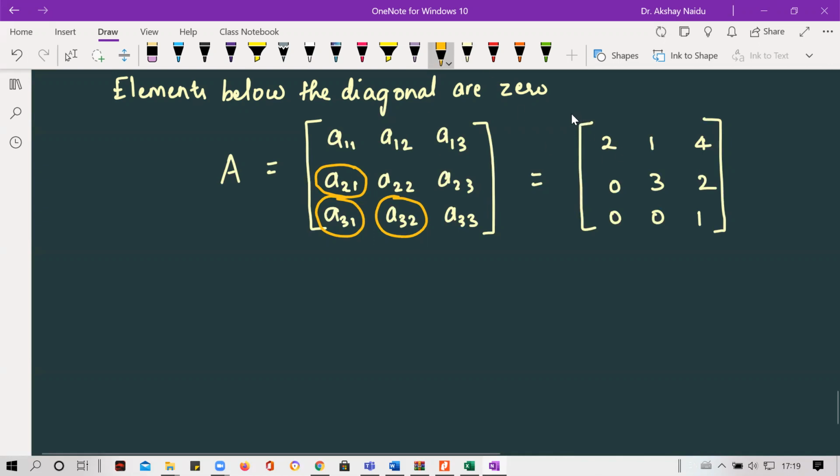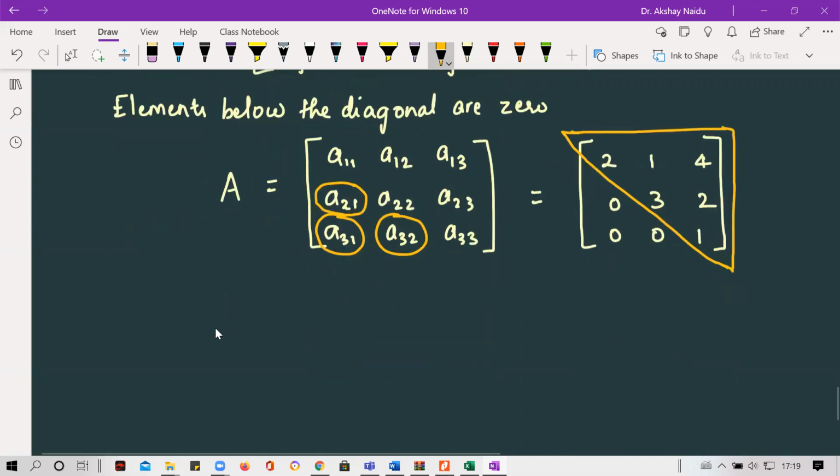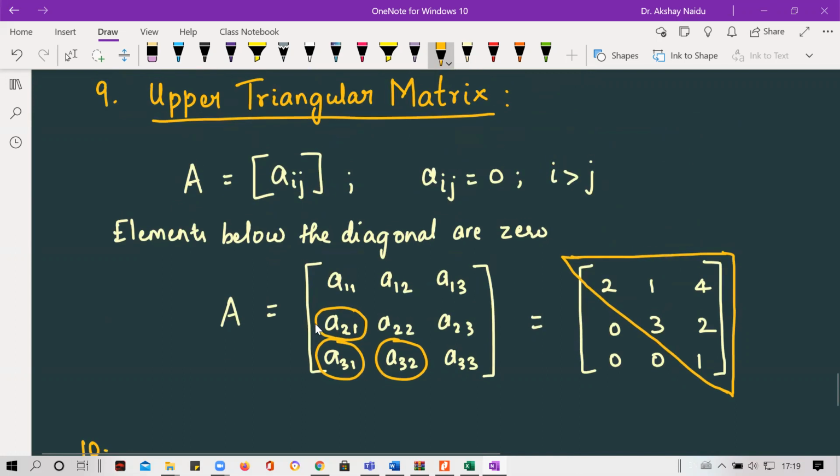Why? You see here the elements that are not zero form a triangle on the upper side of the matrix. So this is called the upper triangular matrix. All right. This is very, very useful in Gauss elimination method of solving simultaneous equations.